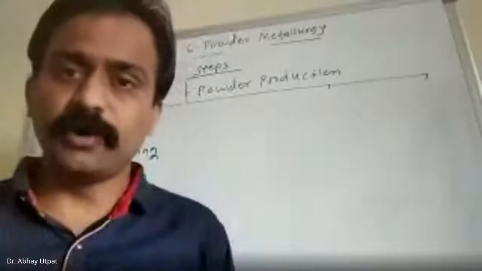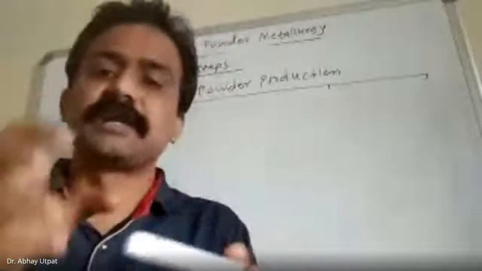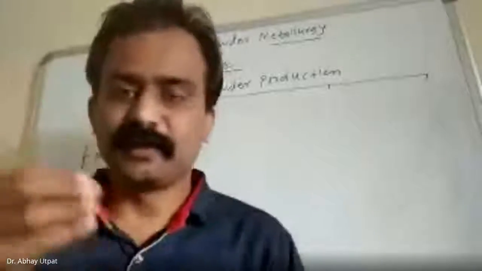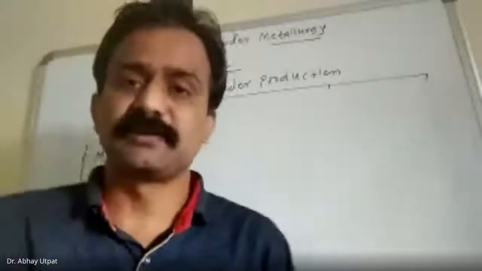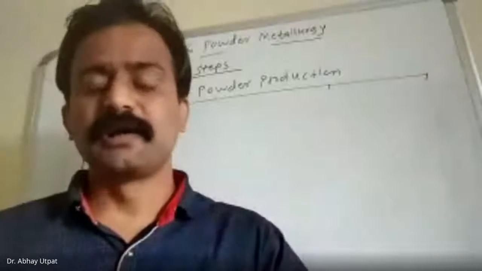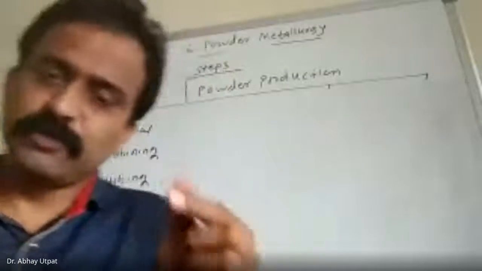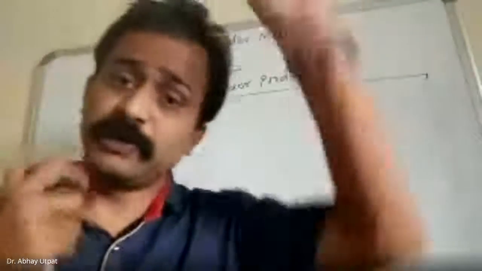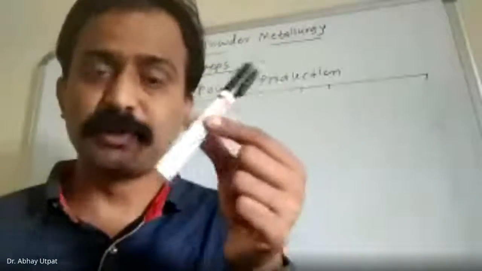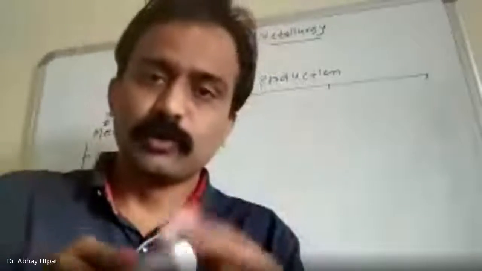What material do you want? The shape of the component is immaterial. You just go on machining it and take the raw material in the form of chips. It depends on how much the size is. Grinding will give fine particles directly, but it will take a long time. If I want to produce powder from this complete rod by grinding, it may take 1 month. Slowly it will get removed.